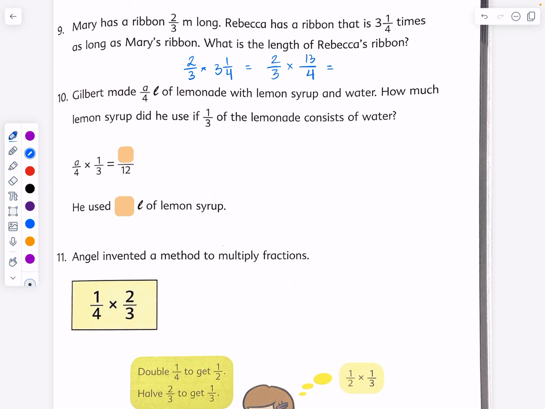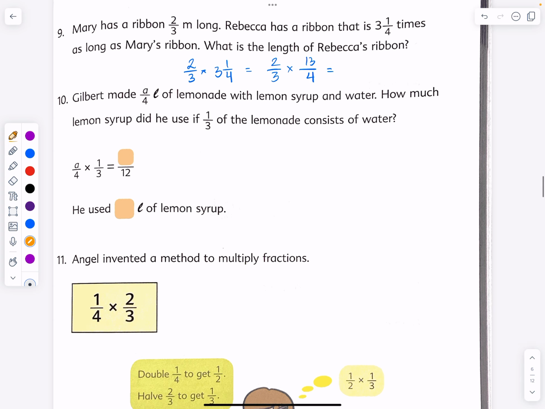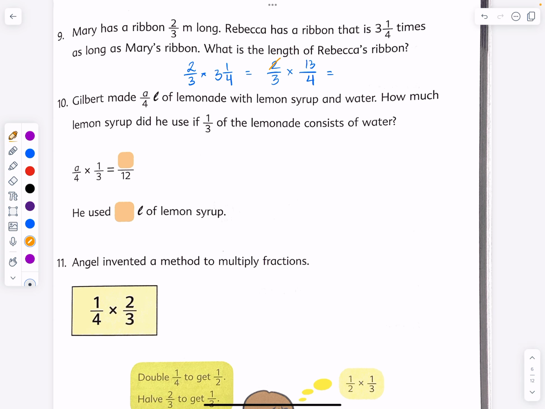My friends, simplify before you multiply. 2 and 4 have a common factor of 2, can reduce to 1 and 2, and therefore math becomes much simpler. It's 13 over 6, which is the same as 2 1/6 of a meter long.